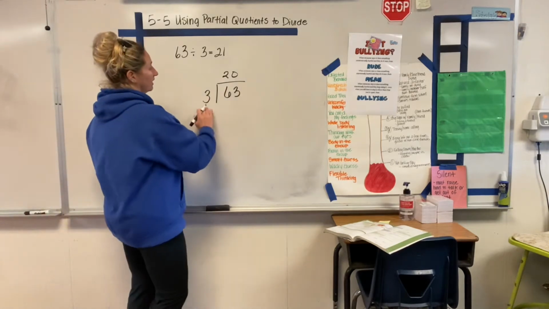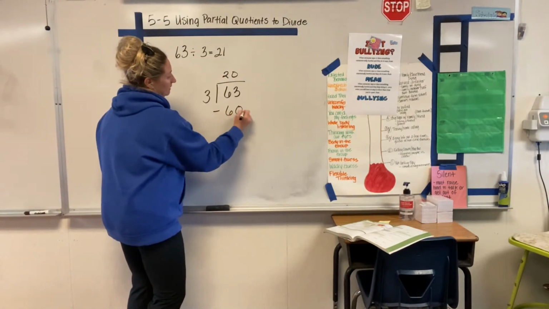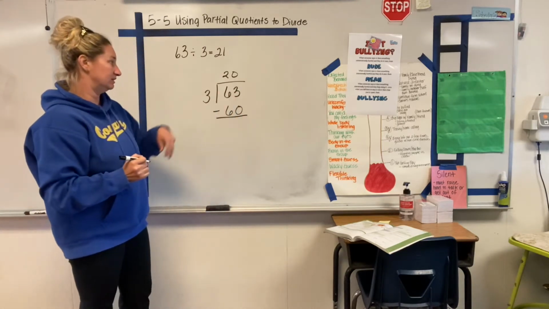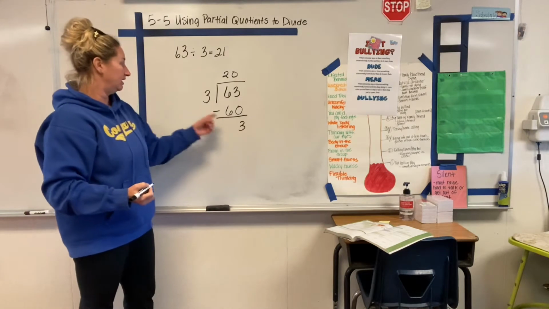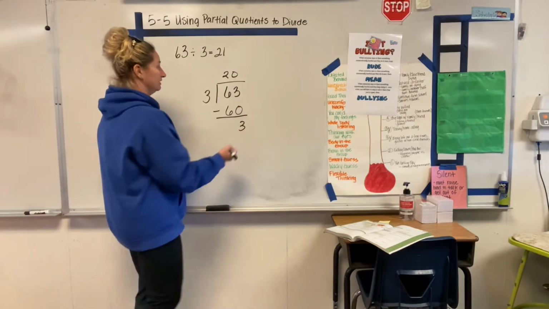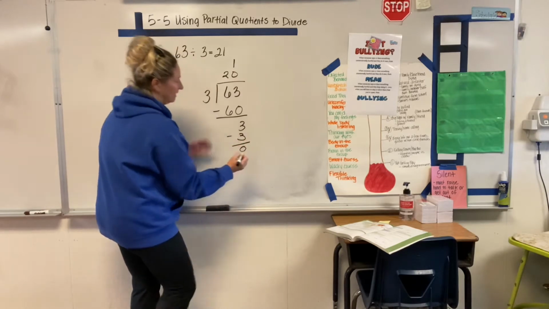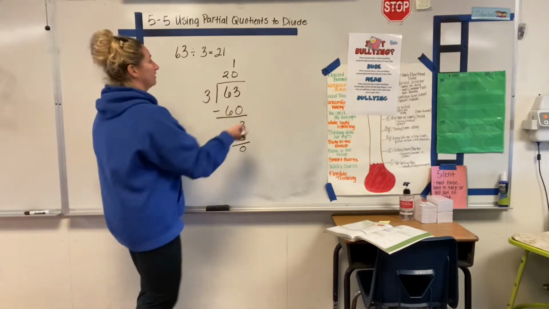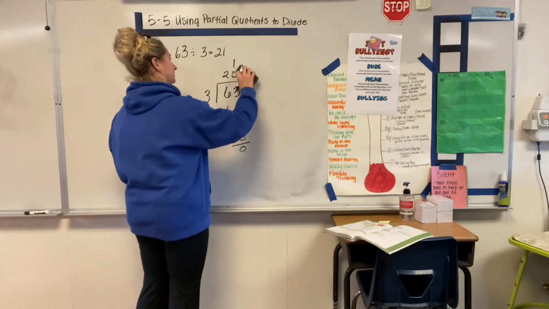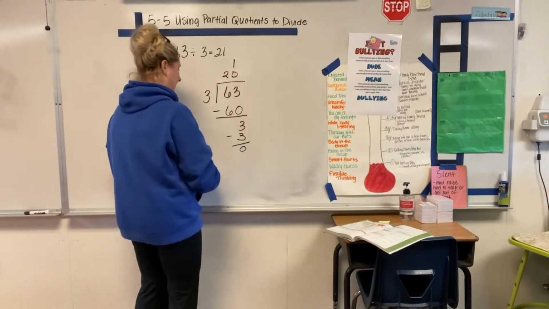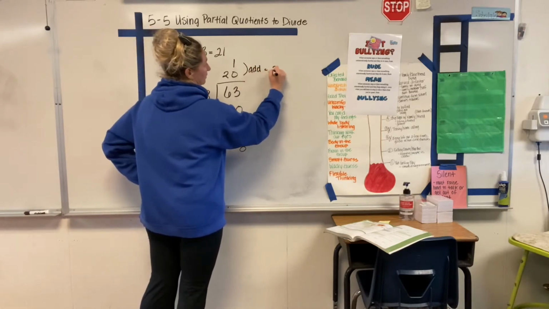So if I know that 3 times 20 is 60, then I would just have to take 60 away from 63 to see what I have left, which is a 3, and 3 goes into 3 once. Okay, so then I have divided everything, and I'm still going to add these numbers and get 21.